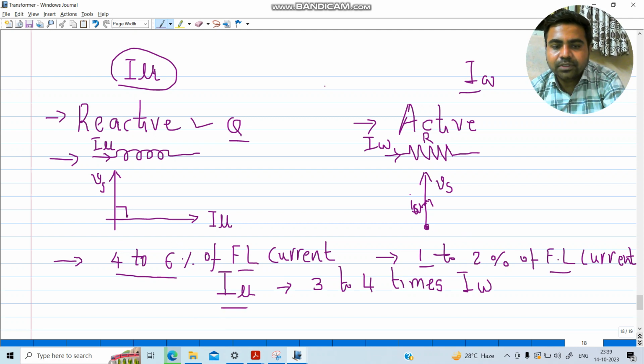Almost, the magnetization current is 3 to 4 times higher than the working current. Now if we combine these two things, the magnetization current with an inductor will be lagging 90° from the supply voltage, and for the working current, the supply voltage and working current will be in phase.